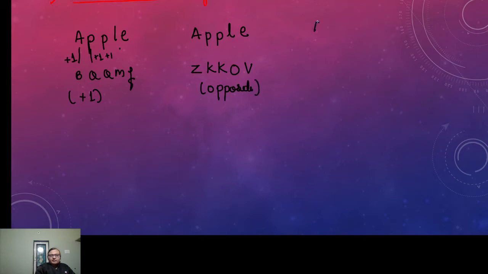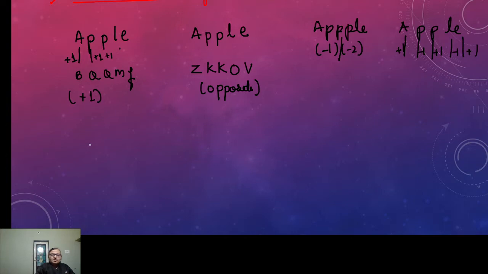And it may be like this also, -1, -1, -2, anything, or they can add +1, -1, +1, -1, +1, and they can do like this also, +1, +2, +3, +4, +5.